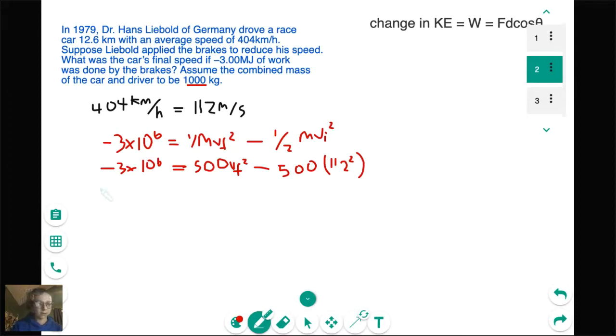And so if I do this out, that negative sign is just getting longer every time. So 3 times 10 to the 6th equals 500 Vf squared minus, so when I do 112 squared times 500, I get 6.27 times 10 to the 6th.